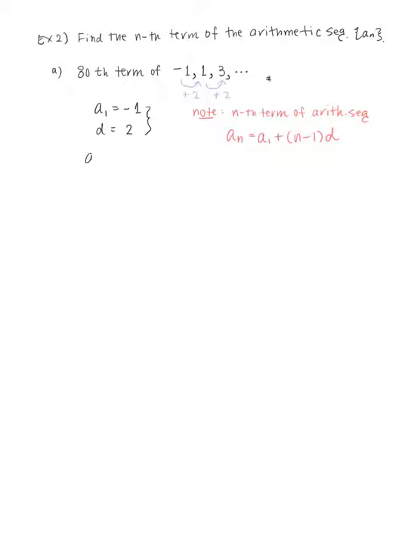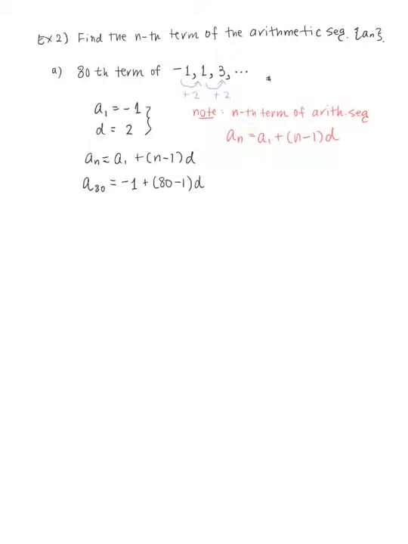So let me rewrite. A sub n is a sub 1 plus n minus 1 times d. Now, since we want to find the 80th term, our n is 80. So we're going to have a sub 80 equals a sub 1, which is the first term, that's our negative 1, plus 80 minus 1 times d.